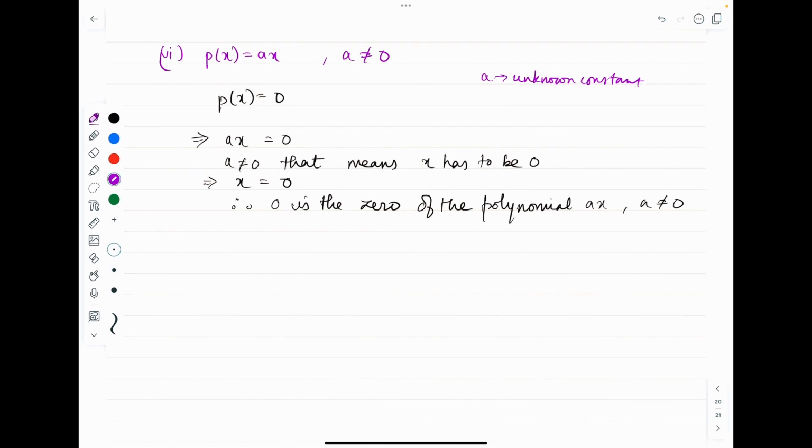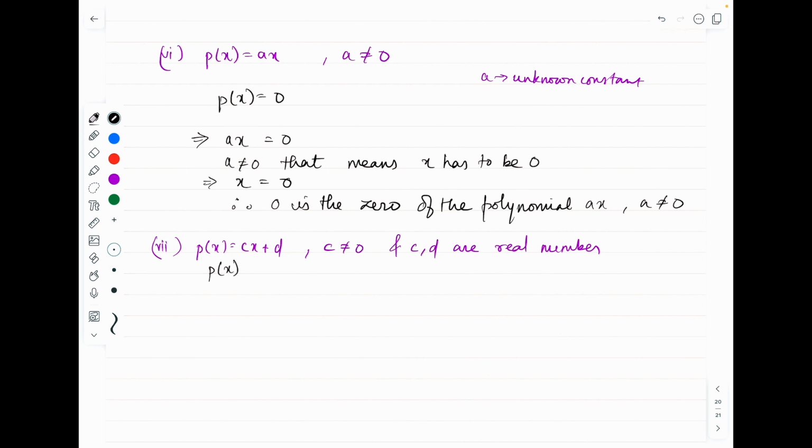Okay, seventh bit. They have given the equation as p of x equals cx plus d. C is not equal to 0, and c and d are real numbers. Nothing to worry, do the same thing. Make p of x equals 0. Instead of p of x you write cx plus d equals 0. Now take d to the other side. So cx plus d is written; on the other side it will be minus d. So cx equals minus d.